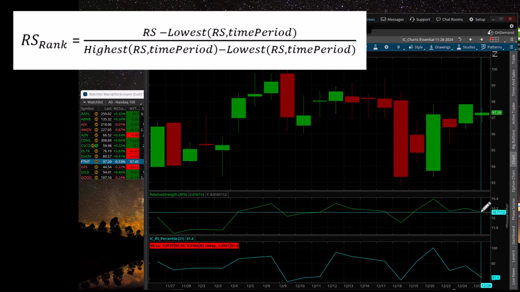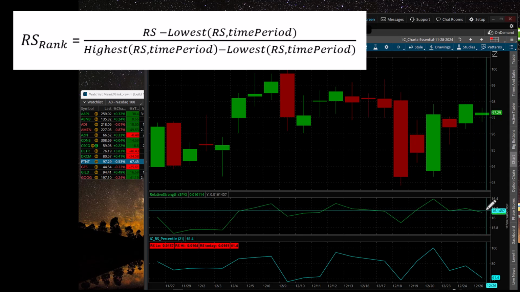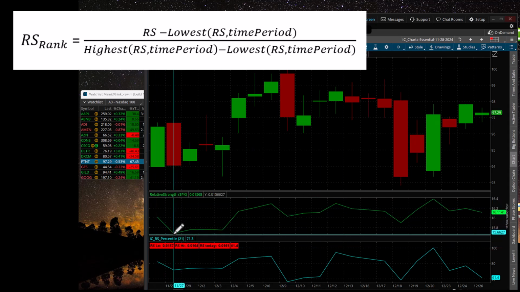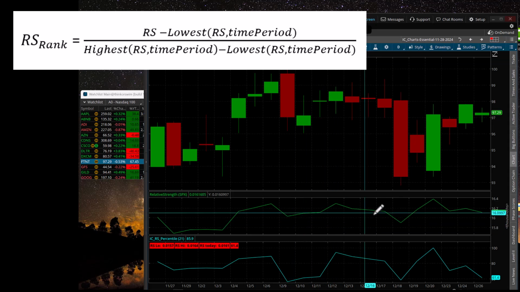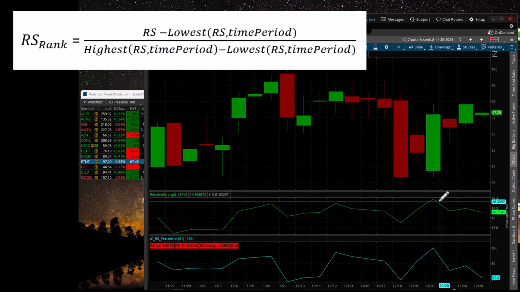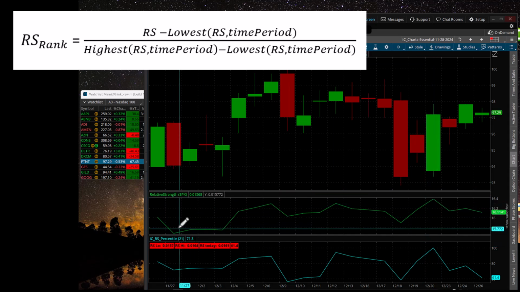So to compute the ranking of the relative strength, all you need to do is take the current relative strength and subtract from it the relative strength low of the period that you're working with. So it's the current relative strength minus the lowest relative strength of the period, divided by the highest relative strength of the period minus the lowest relative strength of the period.